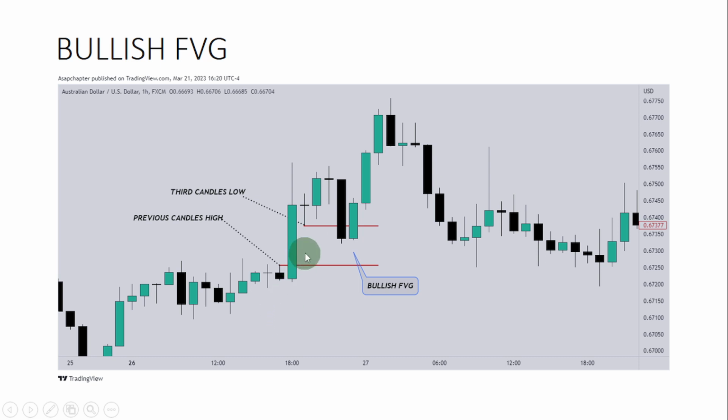It's a 3-candle pattern where we have the first candle's high being traded through, and then the third candle fails to fill the range of the second candle, or the middle candle. You see that for instance, this candle here filled the range of this candle, so there are no gaps within.